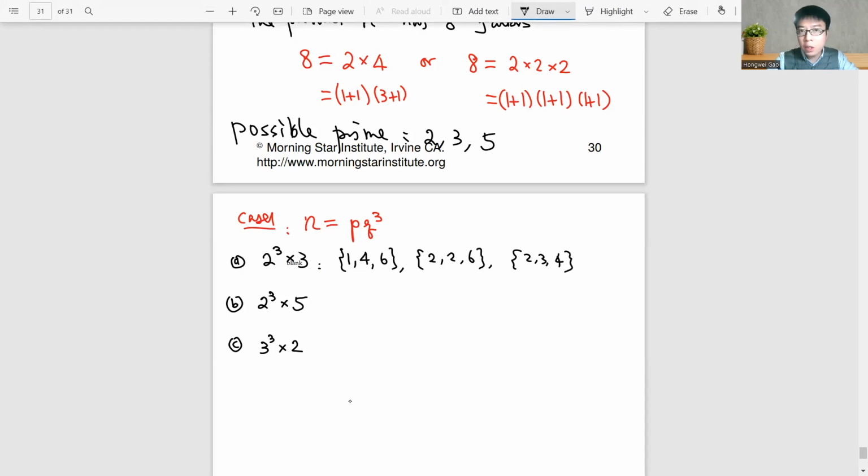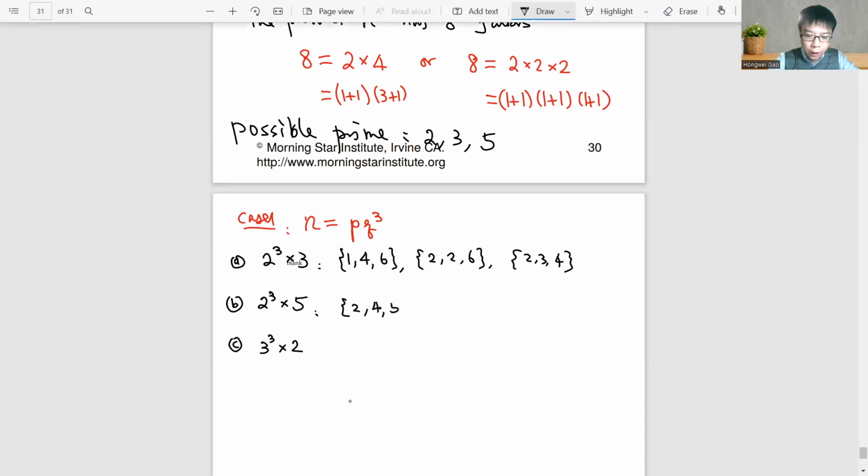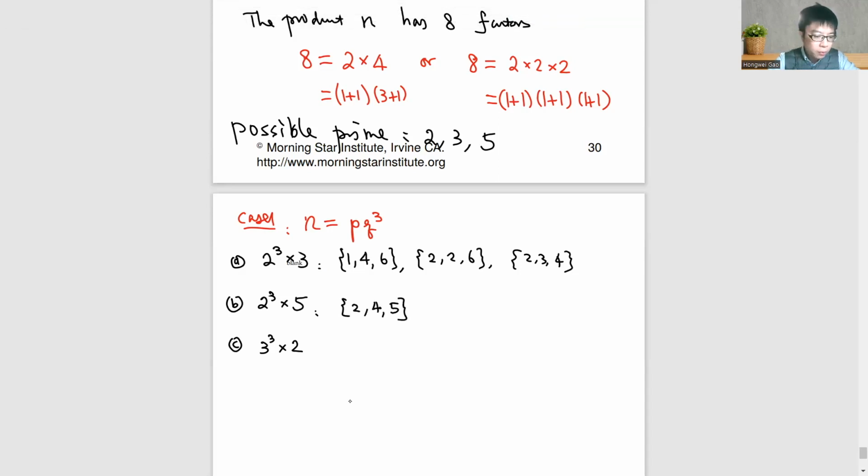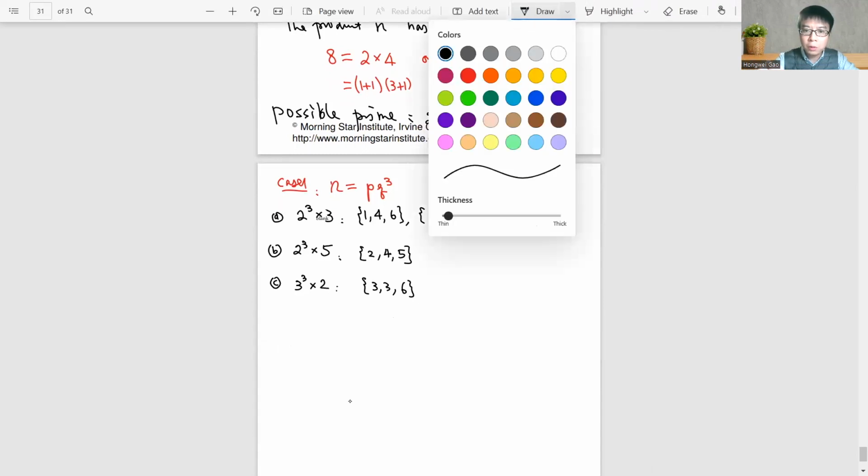We will take the permutation into consideration later. For 2 cubed times 5, the only possibility is 2, 4, and 5. For 3 cubed times 2, the only possibility is 3, 3, 6, because every number must be divisible by 3. And next, let's consider case 2.